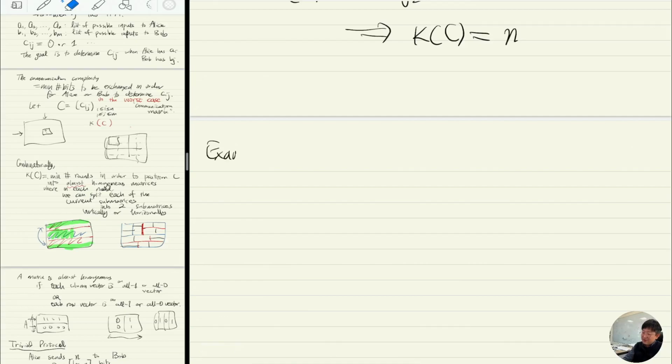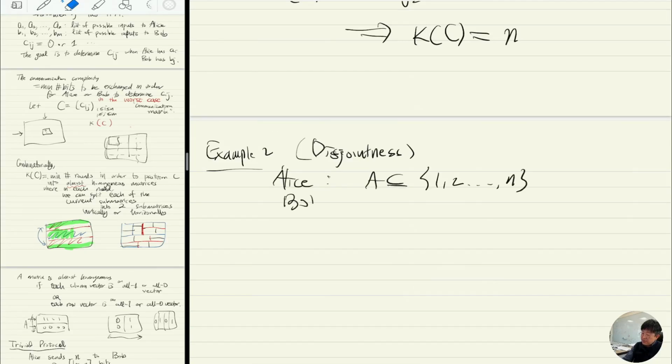Now let me give you another example: disjointness. Alice receives a set A, which is a subset of 1 up to n. Bob also receives a subset B of the set of integers from 1 up to n.